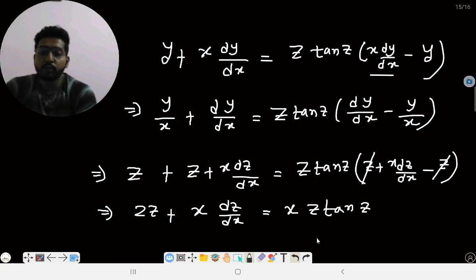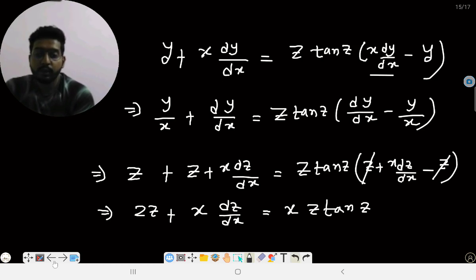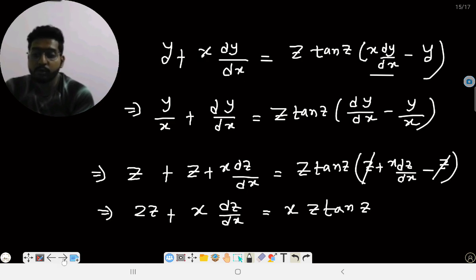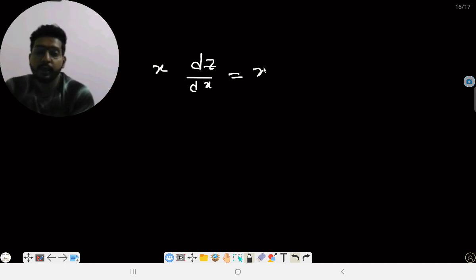Now if 2z goes there, what will happen? It will become x dz/dx equals xz tan z minus 2z, this one is coming like this.